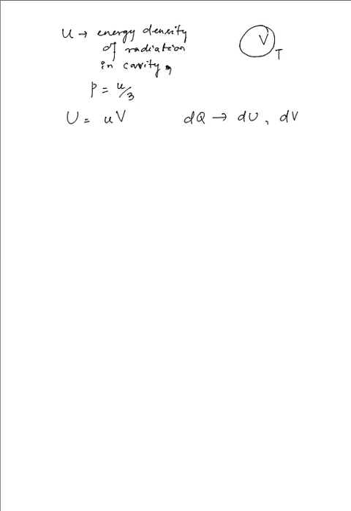And from the first law of thermodynamics, we have dQ equal to dU plus P dV. And also from the second law, we have dQ equal to T times dS, where dS is the change in entropy of the system. So we substitute this value, and we get T dS equal to dU plus P dV.